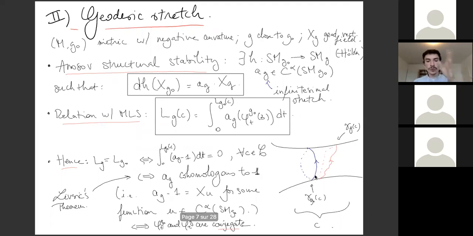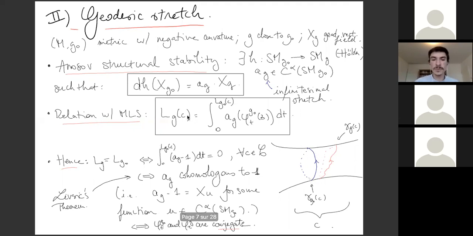Now if we perturb the metric G0, then this geodesic is going to be moved. The red geodesic is the gamma_G of C, the geodesic in the class C but for the metric G. The length of this closed geodesic is precisely given by the integral of A_G along this blue geodesic, which was the original geodesic for my metric of reference G0.